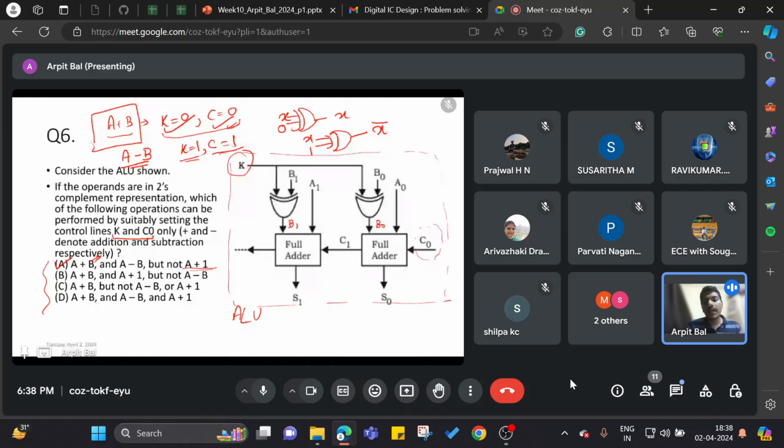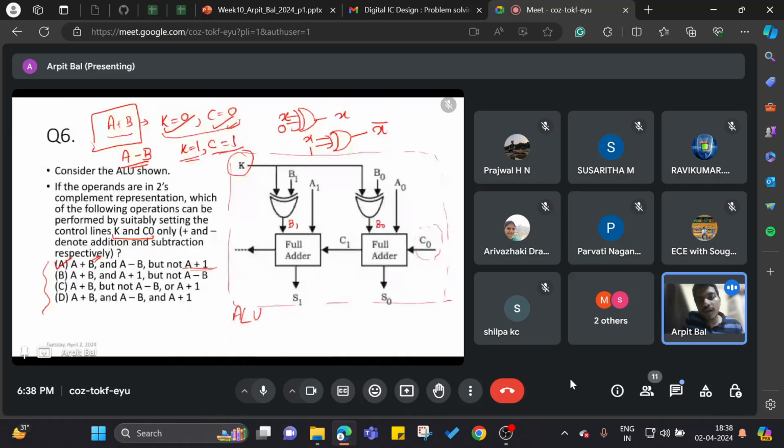And it is asked that using these inputs, can I perform A plus B, A minus B and A plus 1 or not, by using only these two knobs, K and C0? It means you can take any value for K and C0 and you need to perform these operations. That is what we have to determine, whether these operations are feasible or not.